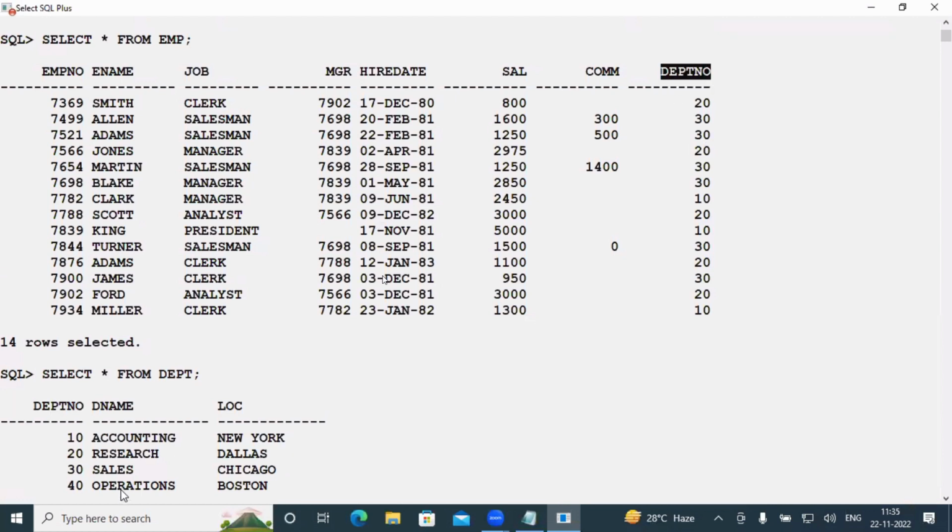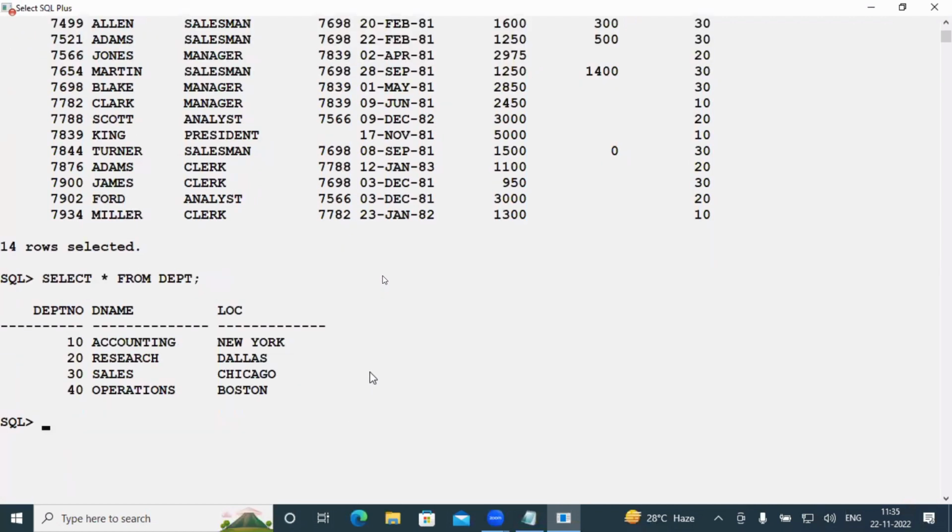So based on this common column, first we need to write a join condition. First I'm writing the join condition: select star from EMP E, DEPT D where E dot department number equals D dot department number.